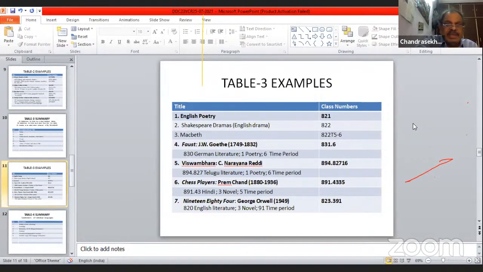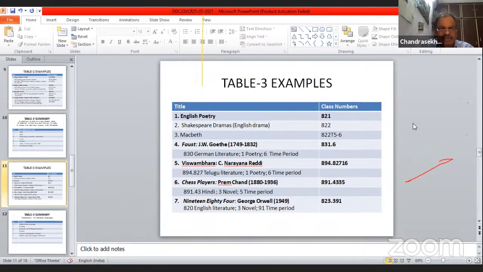So Macbeth is a drama, 822, T56 is a number there. The Dewey decimal classification has each individual work of the author, William Shakespeare, listed there. And for each individual work, there is a number there. So a ready-made number is available for all works of William Shakespeare.